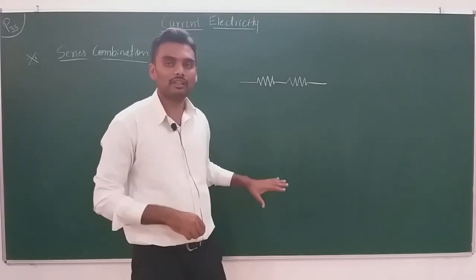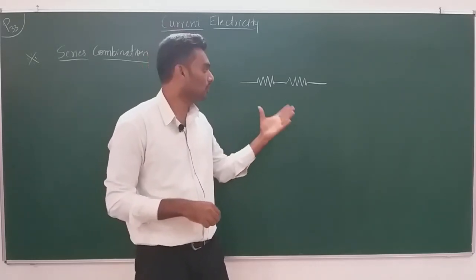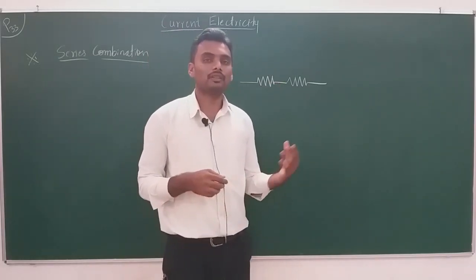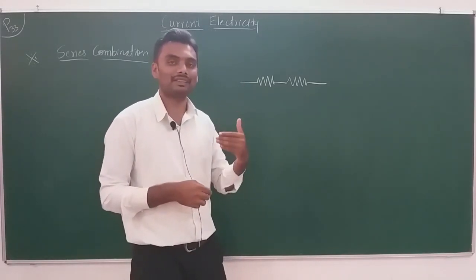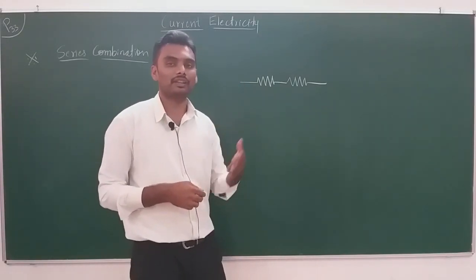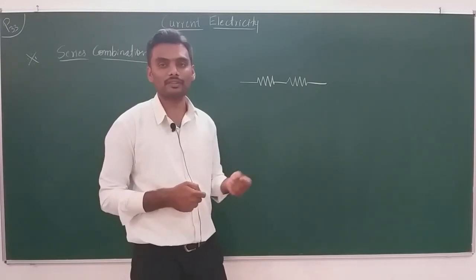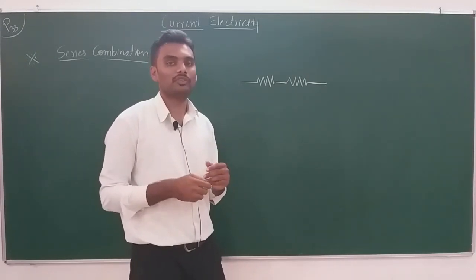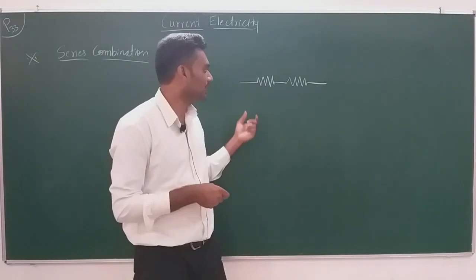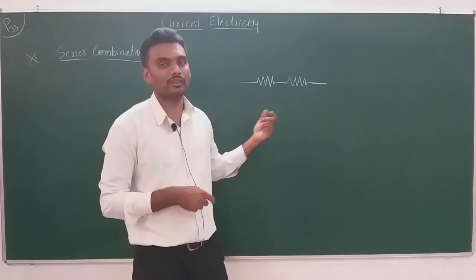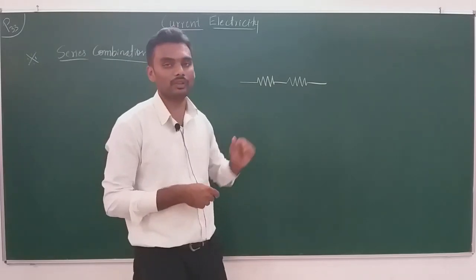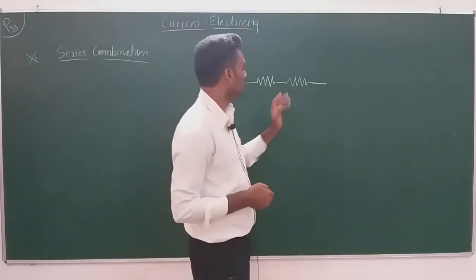It is the same method that we are going to follow even for 3, 4 or n resistors, but the result that we get from 2 resistors is enough to extend for the various number of resistors connected in series. And in your board syllabus, it is mentioned that you need to do the derivation for the combination of 2 resistors in series. So, we will be sticking with 2 resistors connected in series.